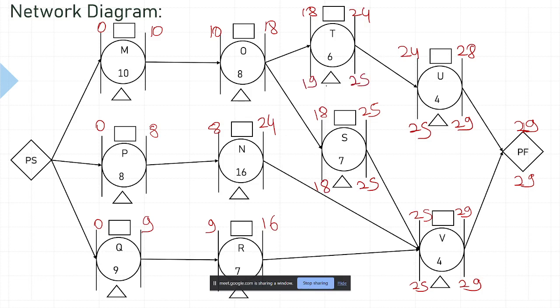Can you follow me till here? Did I make a mistake? Point out, please. I am quite confused about what should come here for activity O.